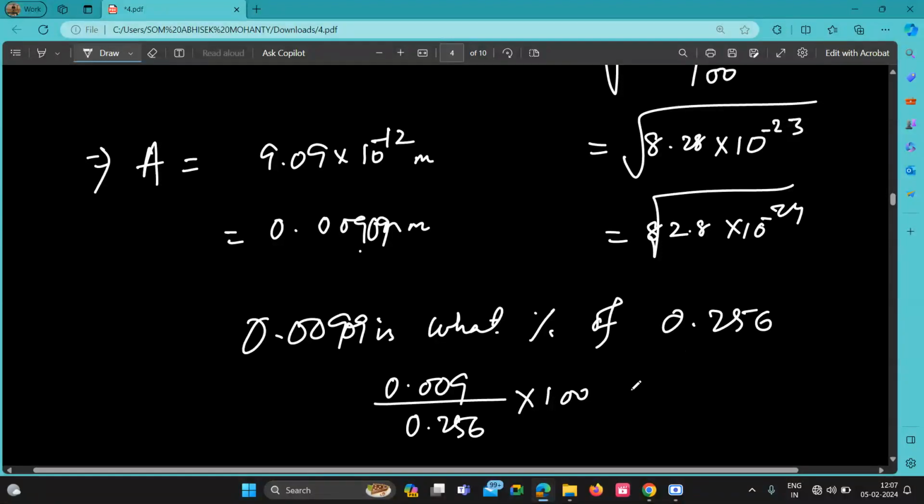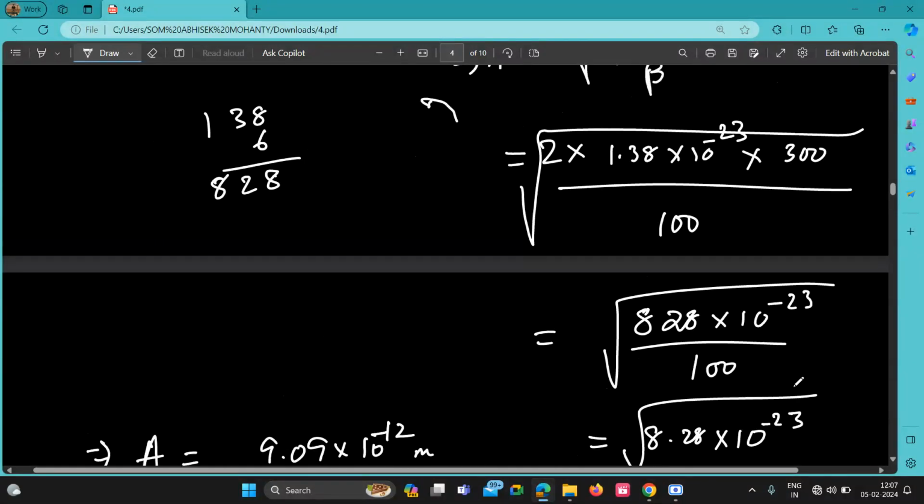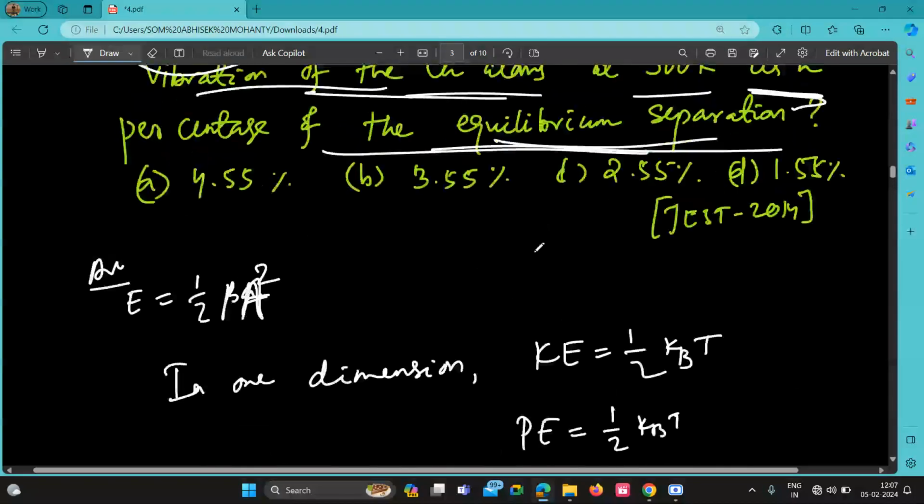If you do it, you will get 3.5%. Please try to calculate on your own. You will get 3.5%, which is your option B.